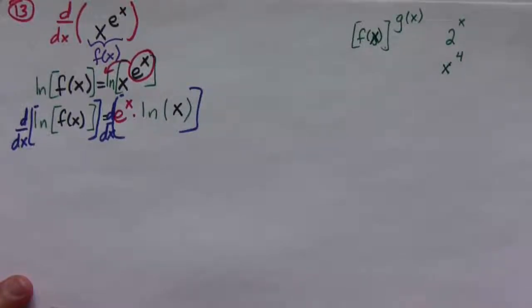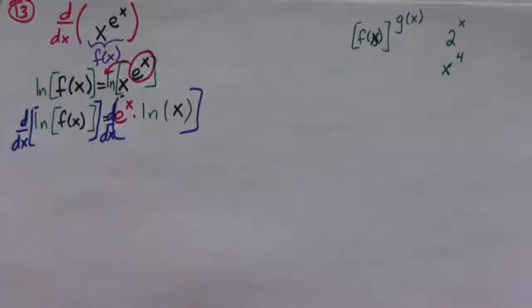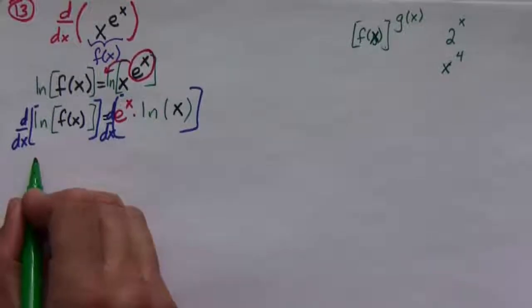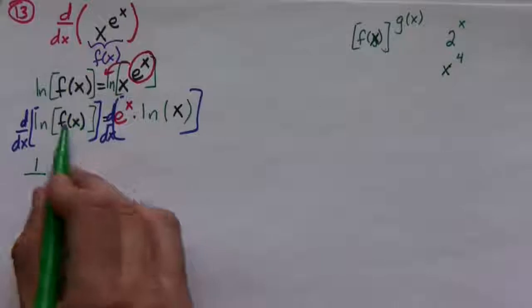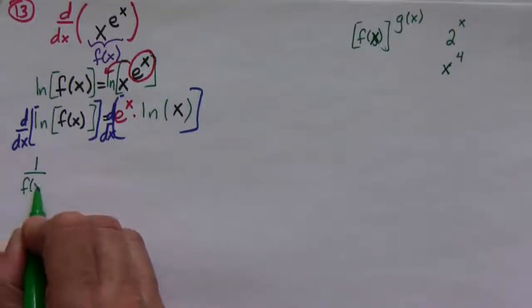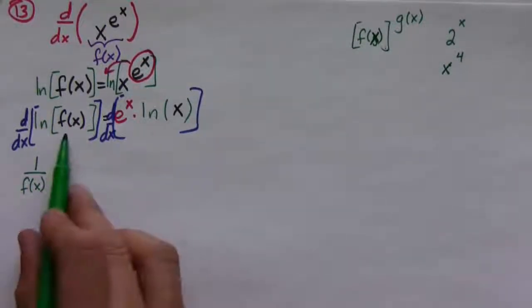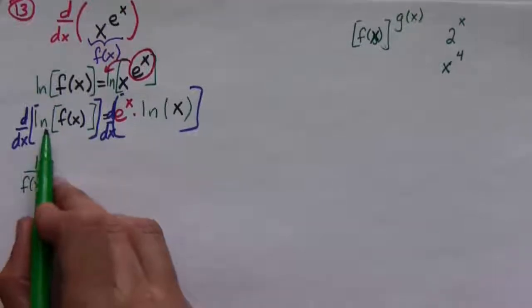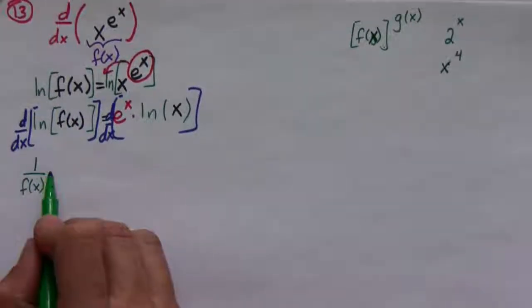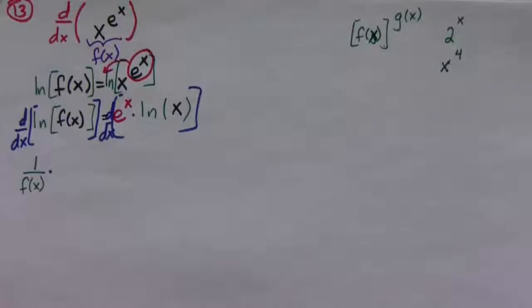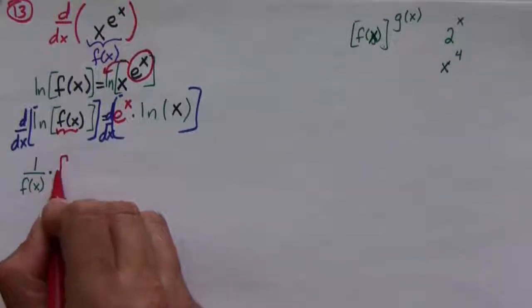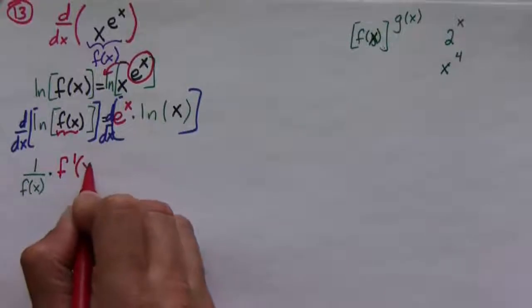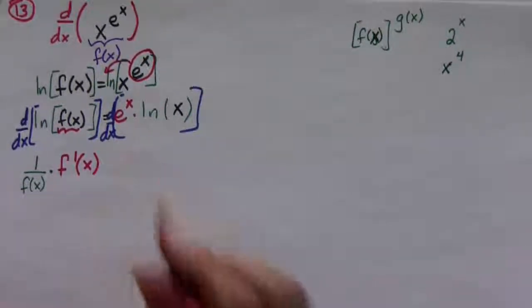Now, for this first part, the derivative of natural log is going to be 1 over the inside function, which we'll call f of x. So 1 over the inside, we leave it alone, times the derivative of the inside. The derivative of the inside, we're going to symbolize by writing f prime of x, because obviously we don't know what it is.